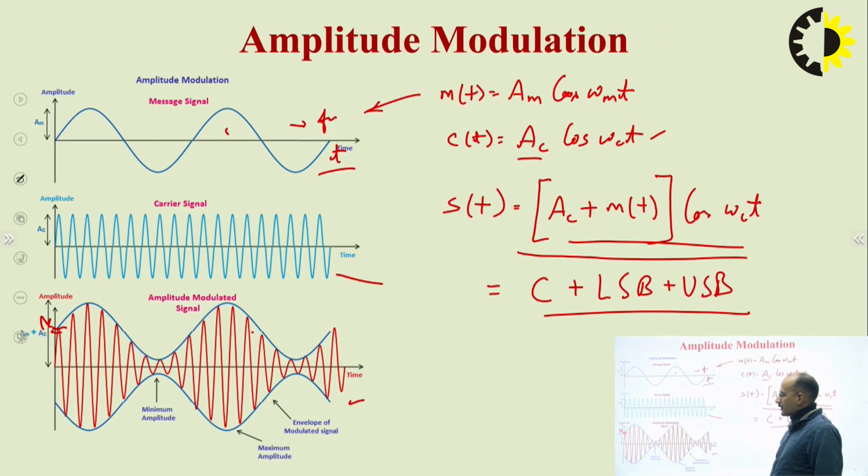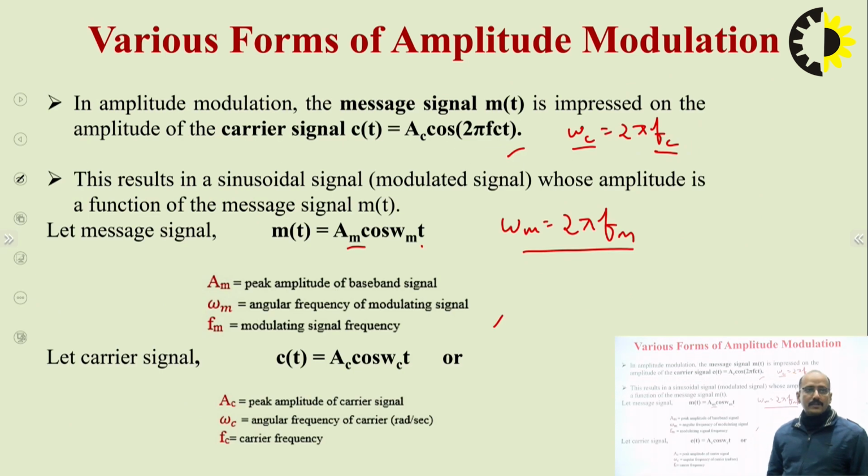In this diagram you can see that this is the envelope forming here, and that envelope is formed by this part only, Ac + m(t), because amplitude modulation is defined as the process in which the carrier amplitude varies as per the instantaneous value of the message signal. So here we are taking that part.